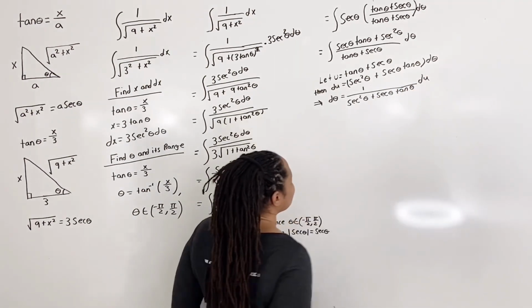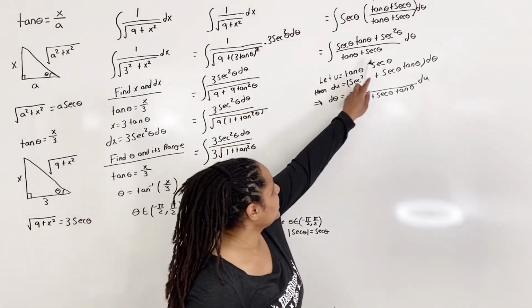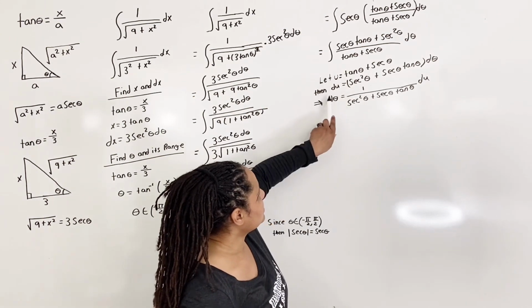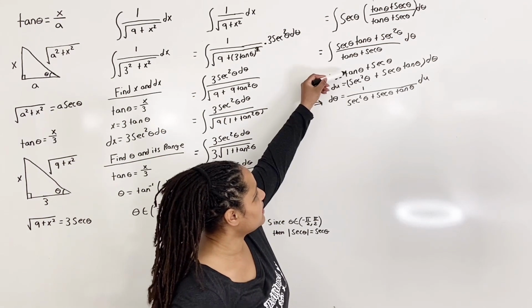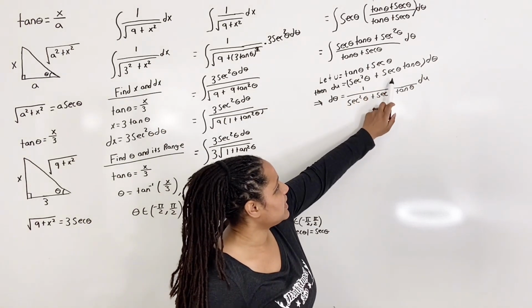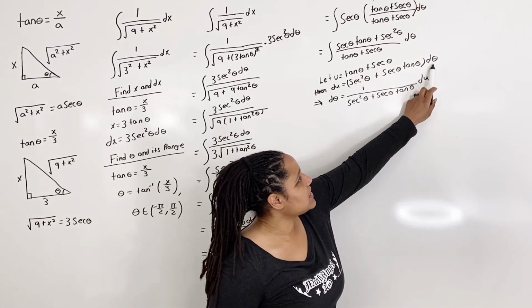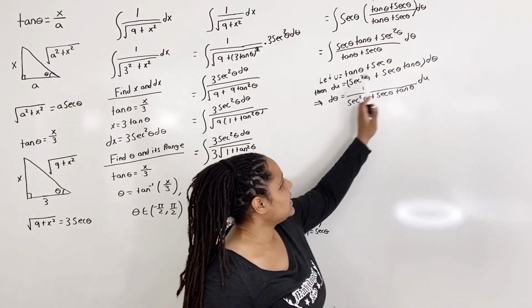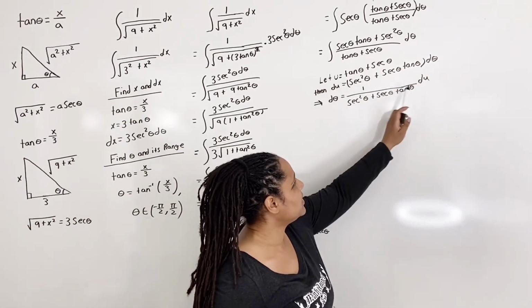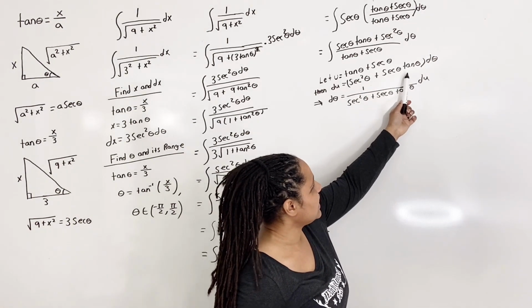So just to recap, I let u equal the denominator. Then when I took the derivative, the derivative of tan theta is secant squared theta, and the derivative of secant theta is secant theta tan theta. Then I solved for d theta. To solve for d theta, I need to divide both sides of the equation by secant squared theta plus secant theta tan theta.